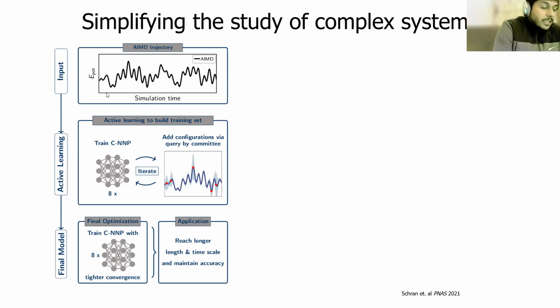You're not going to be able to get a lot of statistics out of this to compare against a very sophisticated experiment. But then what you do is that you take randomly 10 of these structures, and with these 10, you train not 1, but 8 models. So you take 10 structures at random from this simulation, and you train 8 models on this.